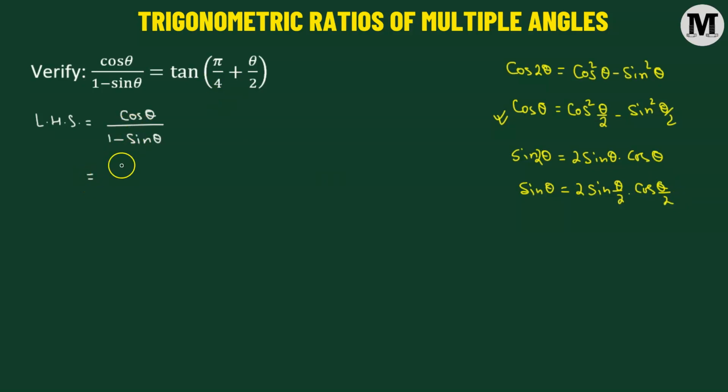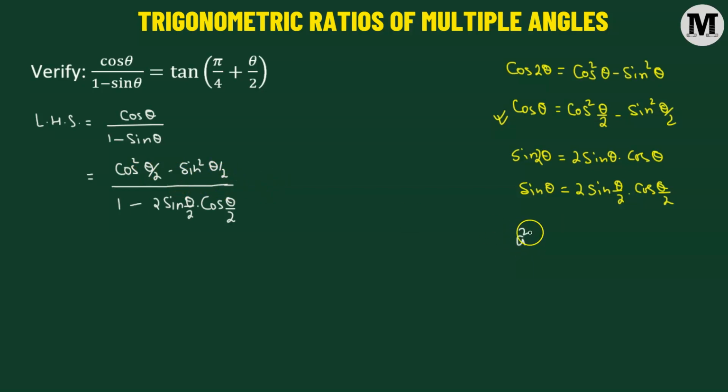So in place of cosine theta, we get cosine squared theta over 2 minus sine squared theta over 2, whole divided by 1 minus 2 times sine theta over 2 multiplied by cosine of theta over 2.